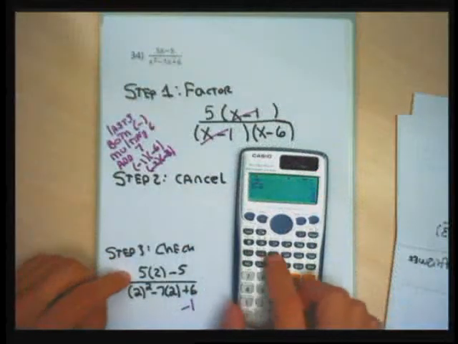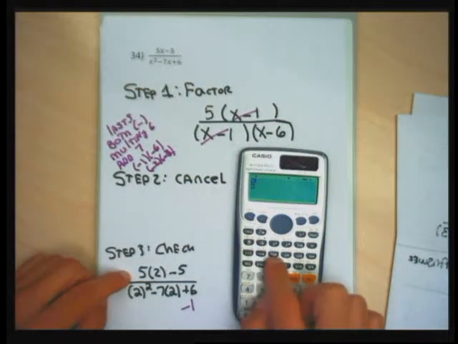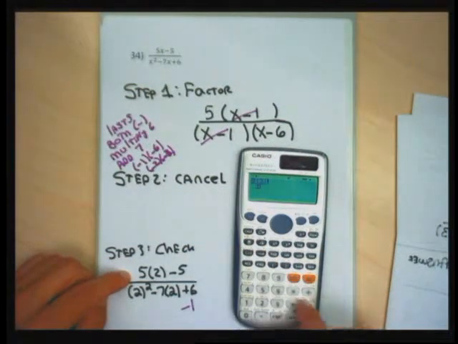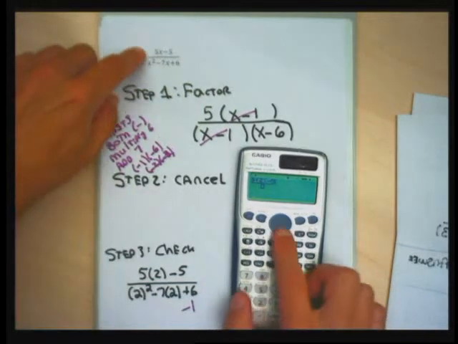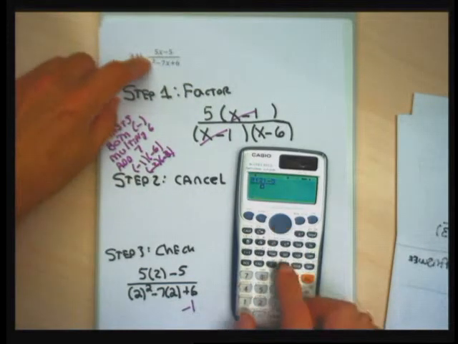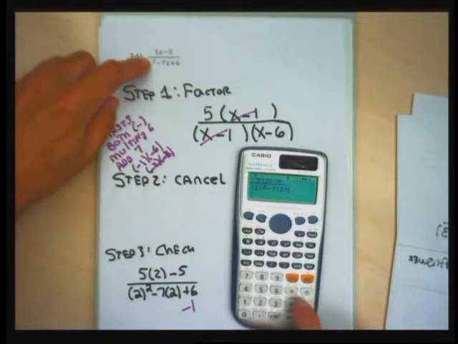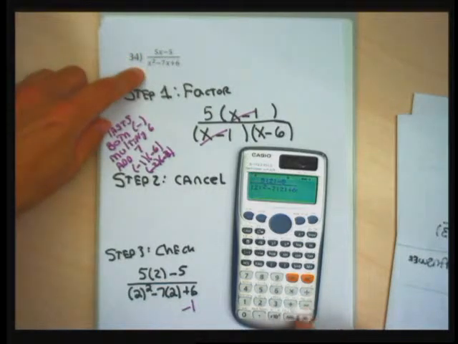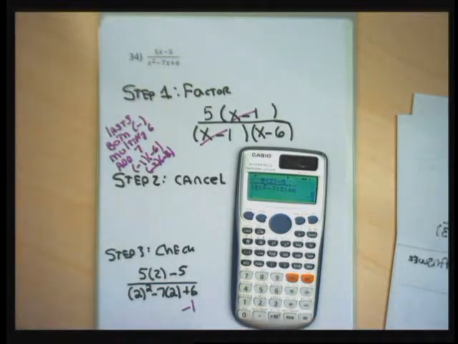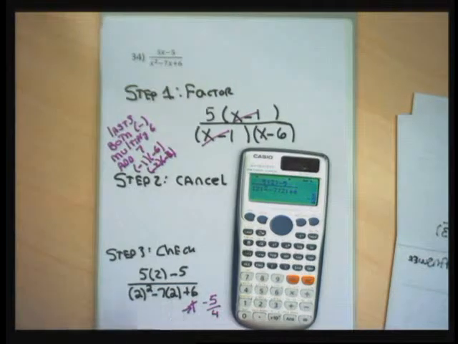Let me redo this. Fraction 5 parentheses 2 minus 5. That's doing 2 and then x for the numerator. And then over 2 squared minus 7 times 2 plus 6, plugging 2 into the denominator. So I just did something wrong on my calculator. I was pretty sure this was the right answer.